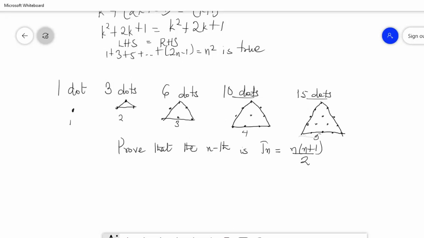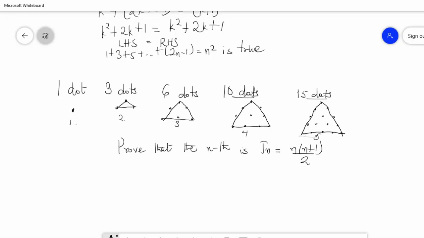And by inspection, we can see that the sum of the first entry in the sequence and the second entry gives us the number of dots for the second entry. Similarly, the sum of the first, second and third entries gives us the number of dots for the third entry, or the third triangle.